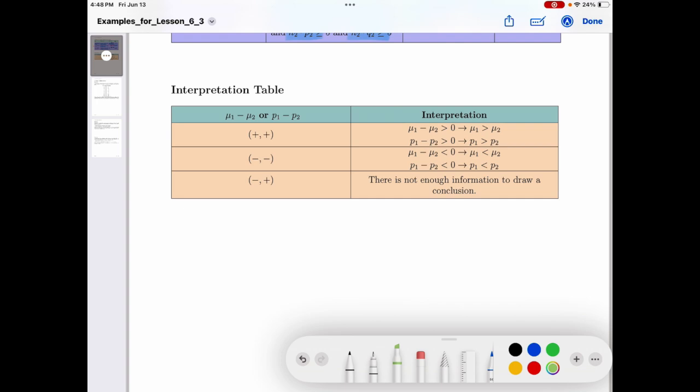All right, let's take a look at the interpretation table now. Something that I want you to think about is if I take two numbers and I subtract them, let's say I take 20 minus 10, that gives me a 10. That gives me a positive value because 20 is the bigger value.